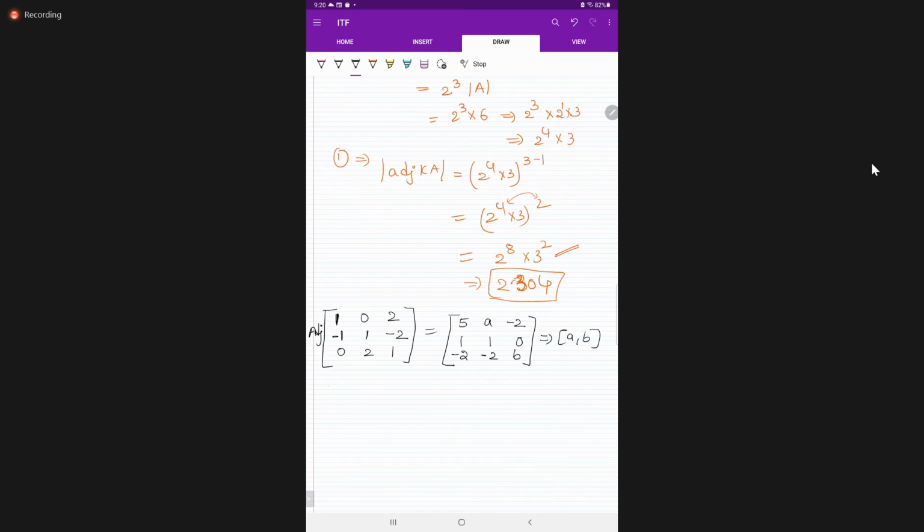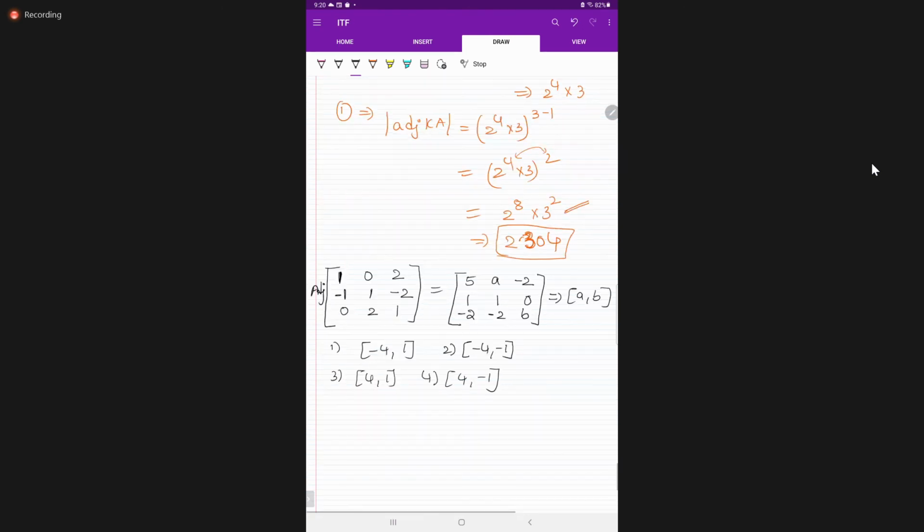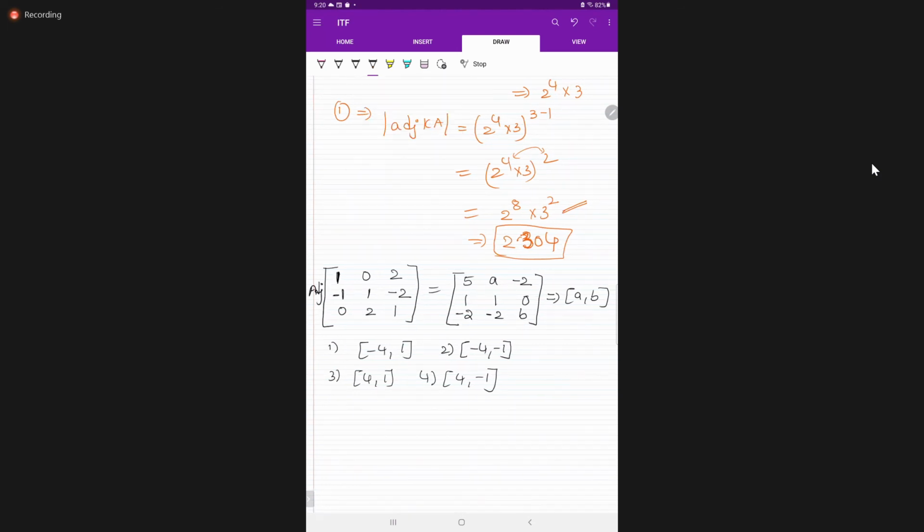The options given are: first, minus 4 comma 1; second, minus 4 comma minus 1; third, 4 comma 1; and fourth, 4 comma minus 1. Students, to find the adjoint we have to find the minors or cofactors, then transpose the cofactor matrix, then equate the matrices, and then you can get the A and B values.